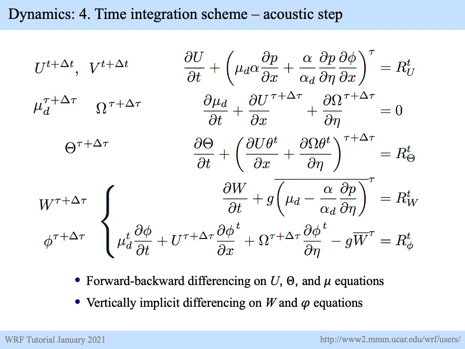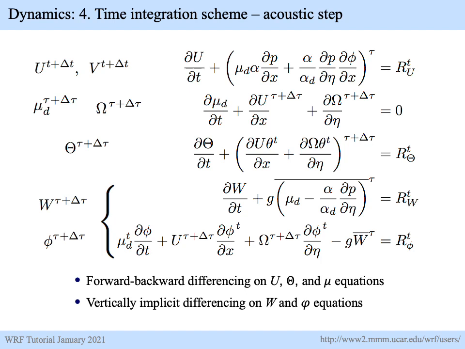Given the new updated velocities U and omega, we can now advance the potential temperature theta, using those new values, and that's called the backward part of the step. So we've advanced the horizontal momentum, the column mass, and the potential temperature.